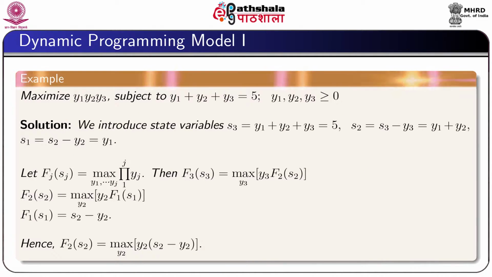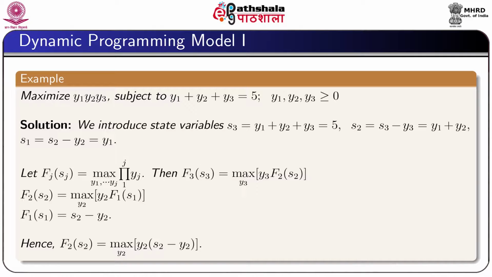Let us consider an example. Find the maximum of y1 y2 y3 subject to y1 plus y2 plus y3 equal to 5, which is a single additive constraint, and y1, y2, y3 are all greater than or equal to 0.